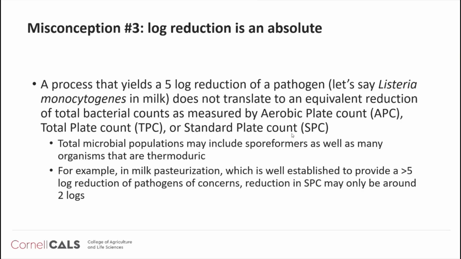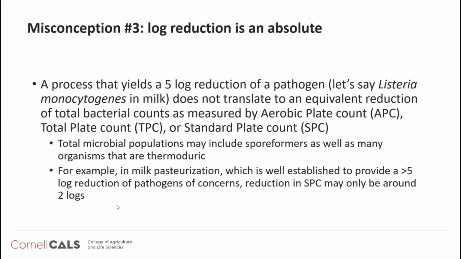Even in a process such as milk pasteurization, the standard 5-log kill, 5-log heat treatment, even though we know very well that we get more than a 5-log reduction of the pathogens of concern, your Listeria, your tuberculosis, your Salmonella, if we look at the reduction in standard plate count, we typically only see a 2-log reduction.